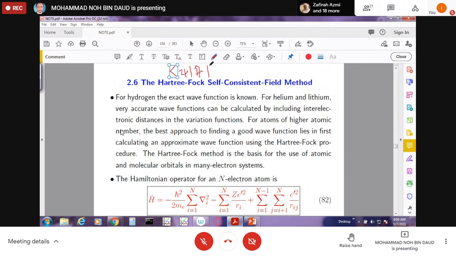The anti-symmetric trial function is the Slater determinant, as we found from the perturbations. So the Hartree-Fock method is a variational method. This is the anti-symmetric Slater determinant, which is a linear combination of spin orbitals.